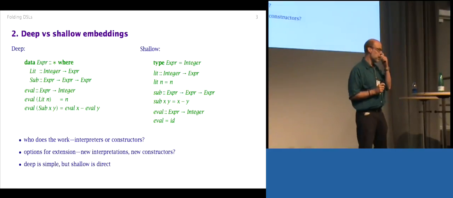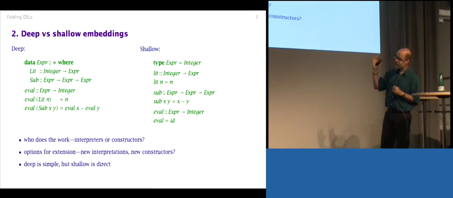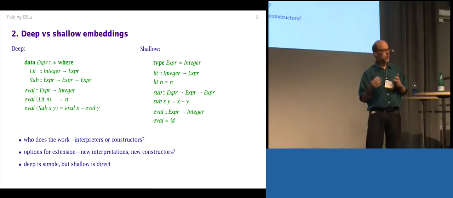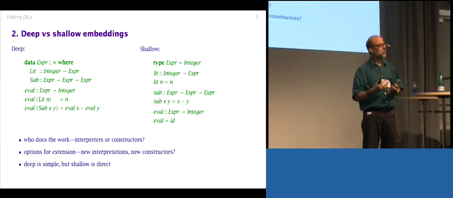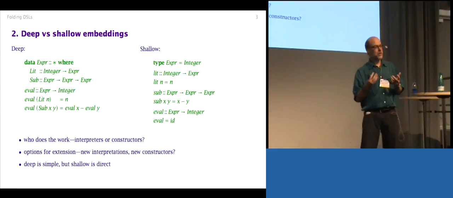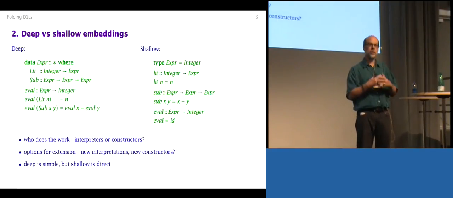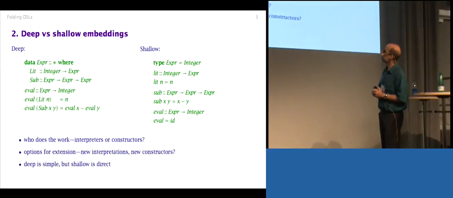And the deep embedding on the left there, the terms in your language are implemented as constructors of an algebraic data type, and all they do is build terms in this algebraic data type. And the semantics is an interpretation function over these terms. It just evaluates by traversing the structure.